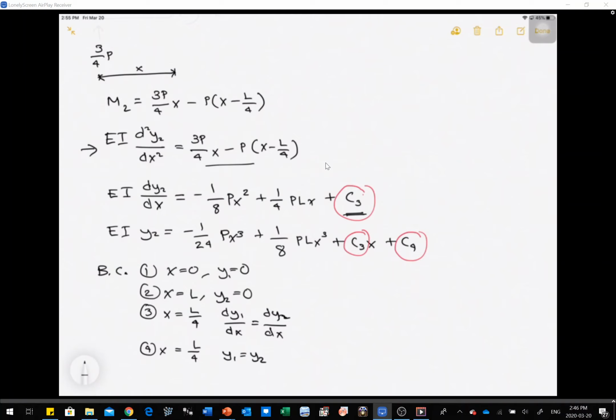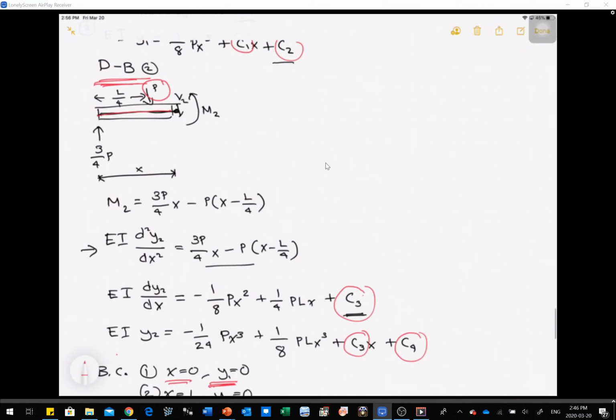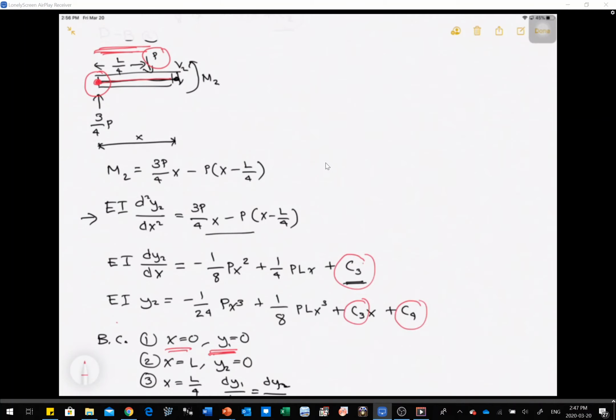Now, if we are going to substitute boundary condition number 1, x is equal to 0, y is equal to 0, we have to use this equation right here. That's y1. Take note, it's y1. If you go back to your beam, we are talking about point A right here. So that's x is equal to 0, which means we have to use y1.